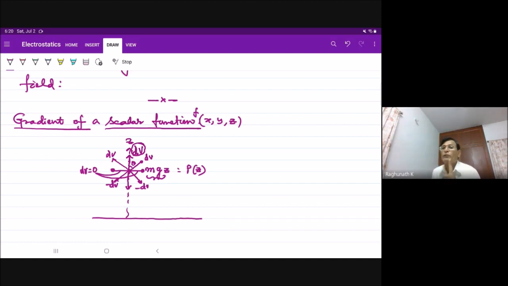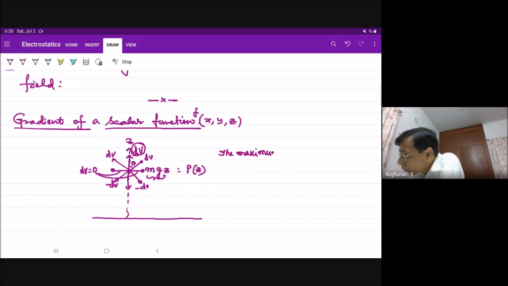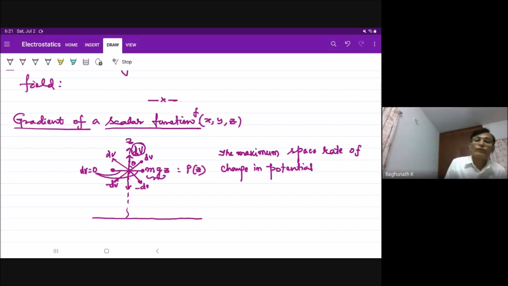There is only one particular direction along which for the same dl there is maximum change in potential. Only one particular unique direction. The maximum space rate of change in potential.